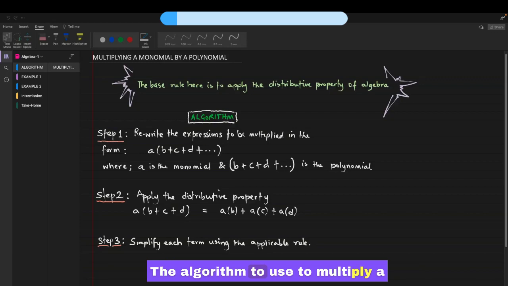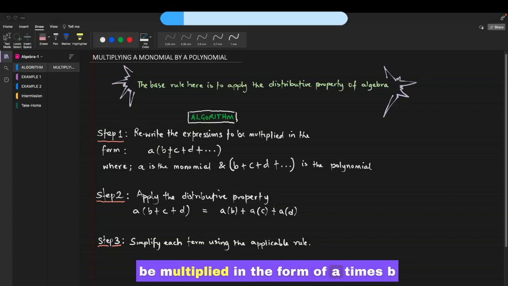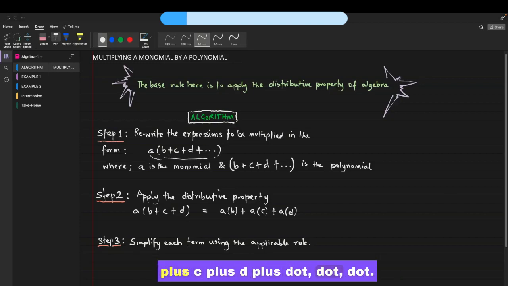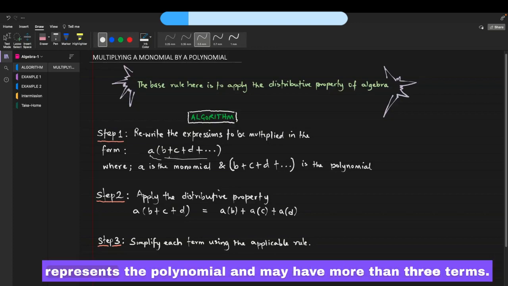The algorithm to use to multiply a monomial by a polynomial is the following. Step 1 would be to rewrite the expression to be multiplied in the form of a times (b plus c plus d plus ...). That just simply means that b plus c plus d represents the polynomial and may have more than 3 terms.